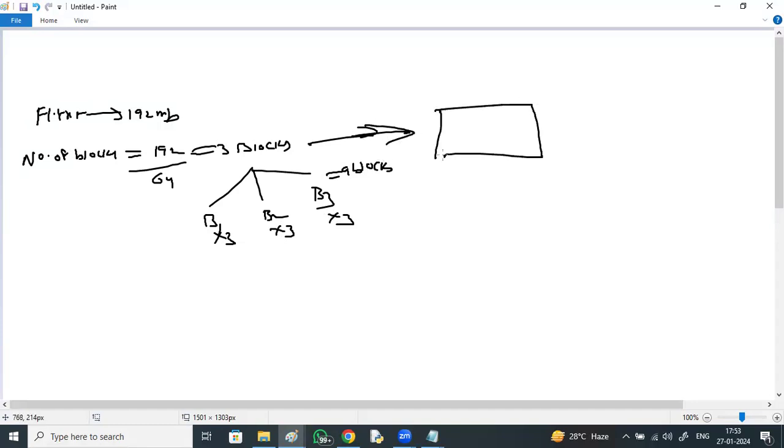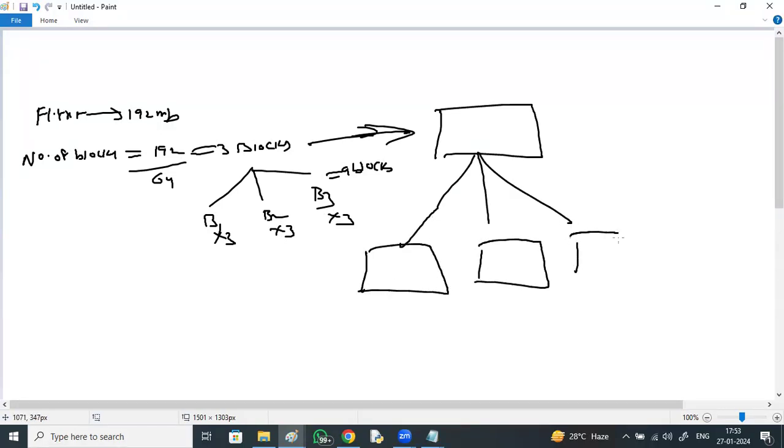Here, this is the master and these are the slaves, 3 slaves. So B1, B2, B3; B3, B1, B2; B2, B3, B1. 9 blocks stored across 3 slaves.